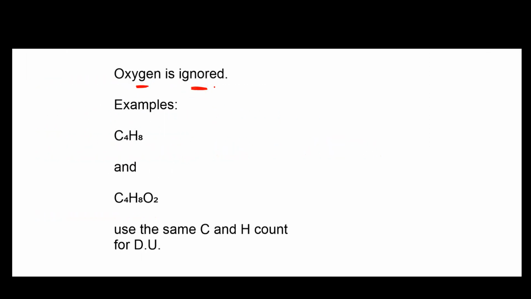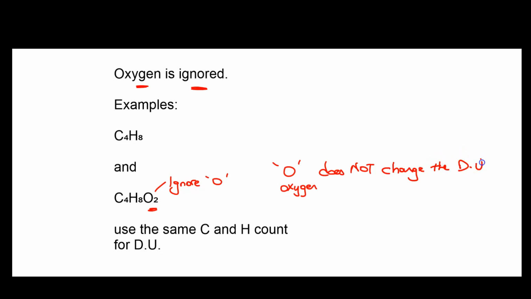Oxygen is ignored in the DU calculation. So C₄H₆ and C₄H₆O₂ use the same carbon and hydrogen count when calculating degree of unsaturation. Therefore, oxygen does not change the DU calculation.